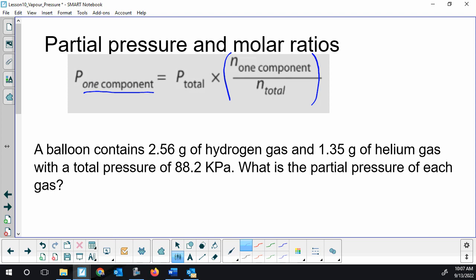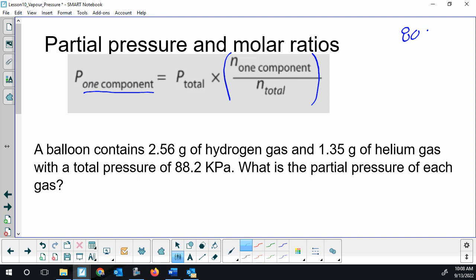So if something is 80% nitrogen, then that ratio would be 0.8. 0.8 out of every 1 mole would be nitrogen. So we want to take our concept of a percent of a gas, and that's all this formula really is.